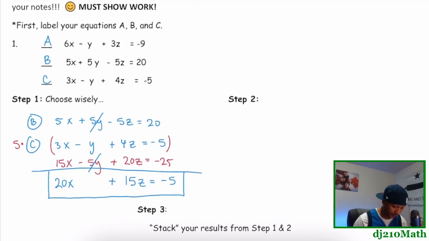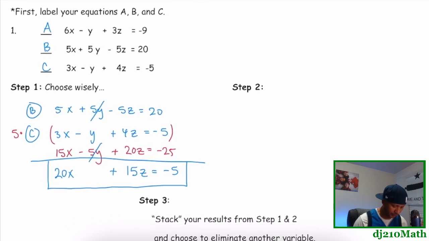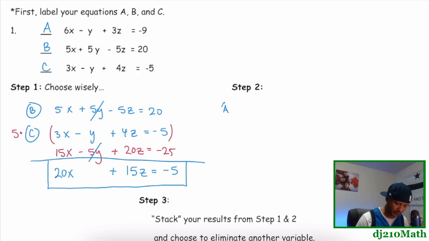Because I chose B and C, I must choose the third one that I didn't choose yet. So now I'm forced to deal with A. And I need to choose one of the other ones, B or C, in such a way that y is going to disappear. So I'm going to use C again.